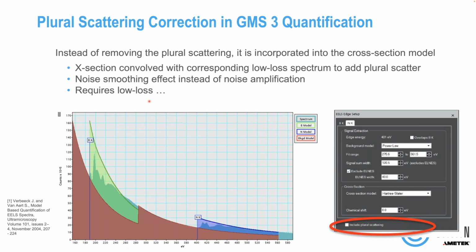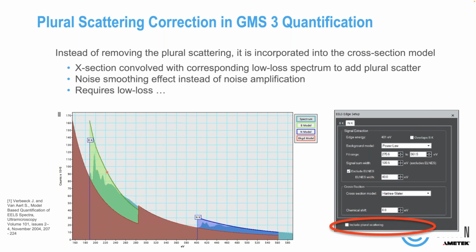What we're looking at here is an example, again, from boron nitride, and this is with plural scattering correction disabled, not applied. So you can see we have two models, two edge groups here: separate fits for boron, separate fits for nitrogen, a background model for our boron, a background model for our nitrogen, and then two Hartree-Slater cross-section shapes for these K edges.